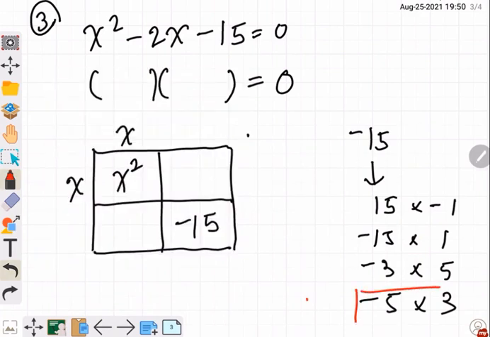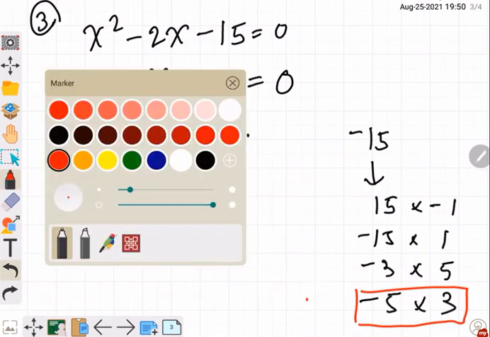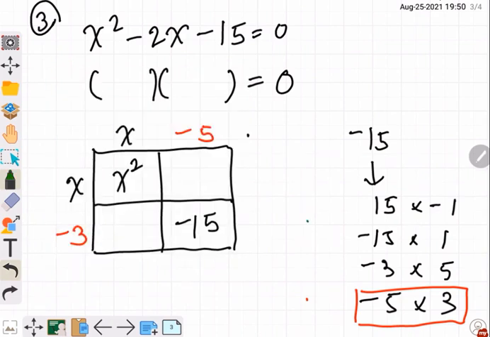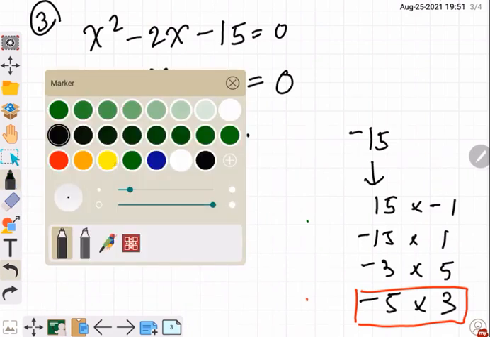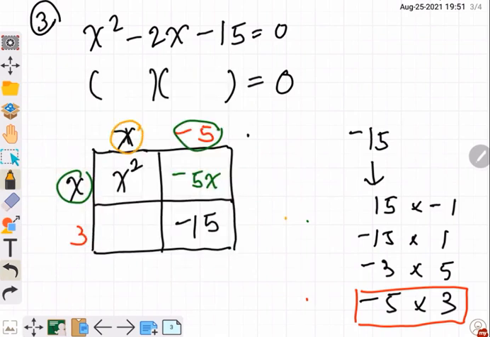Let's start with negative 5 and 3. So we can put negative 5 here, and we can put positive 3 here. Then let's try to do the multiplication table. So we have negative 5 and x gives us negative 5x. Then we have x and 3.